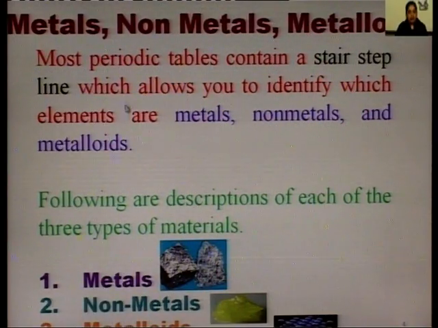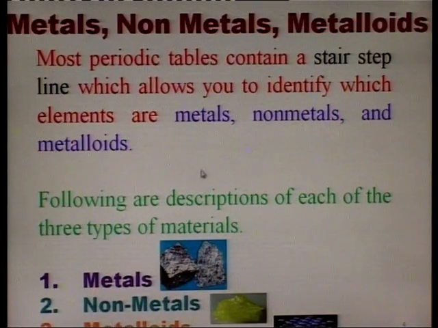Now, what are metals, non-metals, and metalloids? Most periodic tables contain a stair-step line which allows you to identify which elements are metals, non-metals, and metalloids.